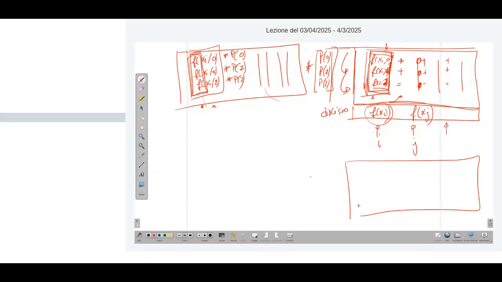Finally, to obtain the vector of posteriors, what do I need to do? Well, I need to take the vector of joints, and each element of the vector of joints should be divided by the corresponding marginal. So here I should take f of xi 0 divided by f of xi. Then I need to do f of xi 1 divided by f of xi, and this will give me the posterior for class 1, and so on.